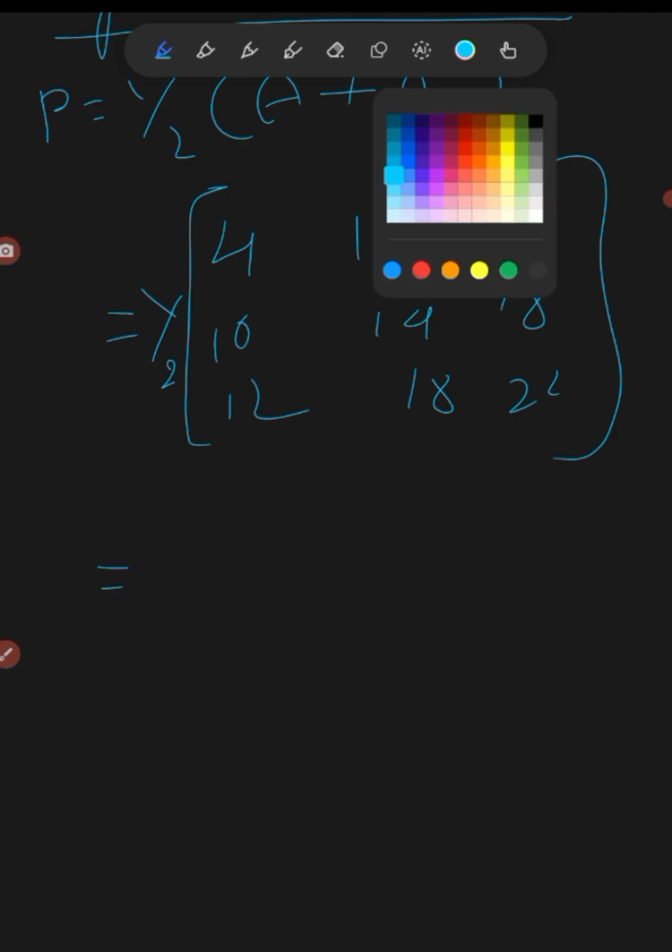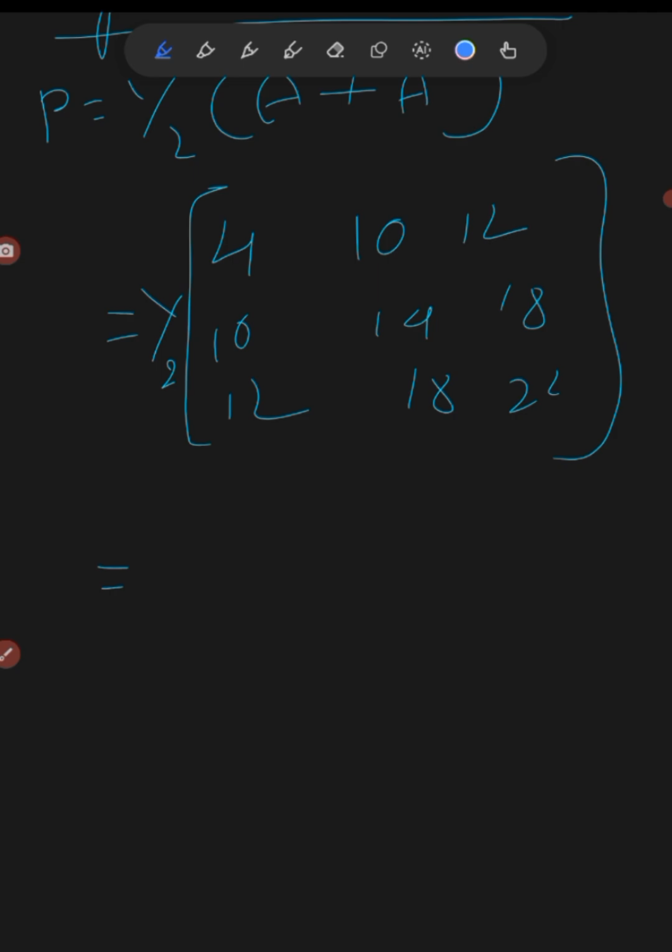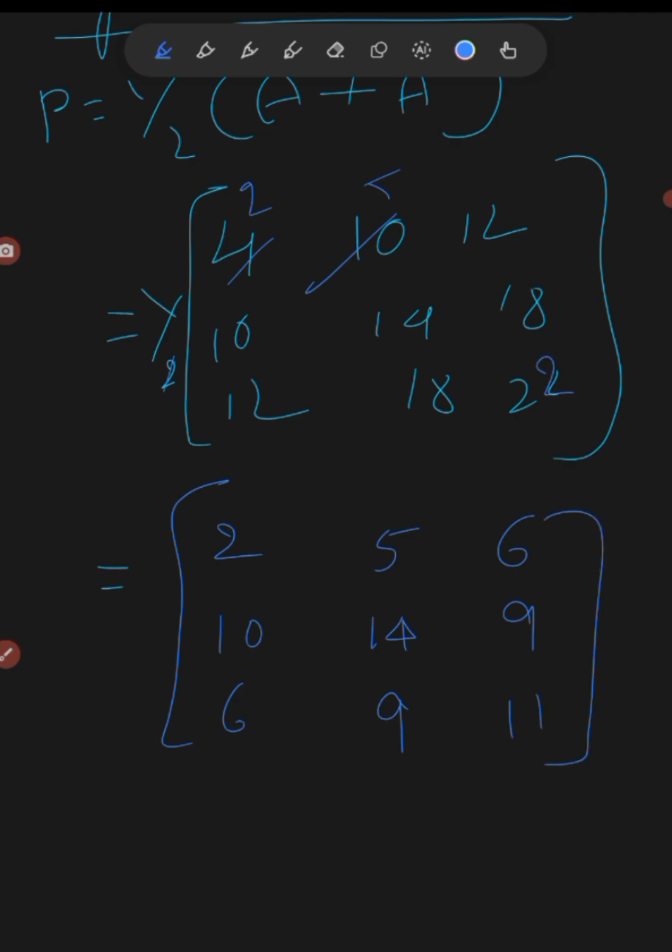You need to multiply that 1 by 2 into every element in the matrix, like 4 into 1 by 2 is 2, and likewise you need to shorten it down to 2, 5, 6, 5, 7, 9, 6, 9, 11. This is the symmetric matrix.